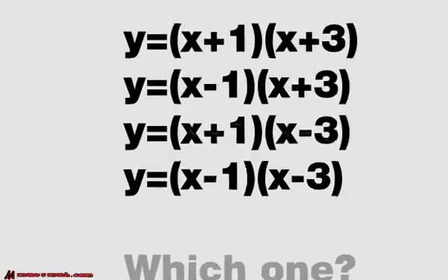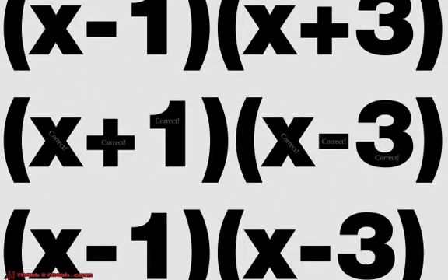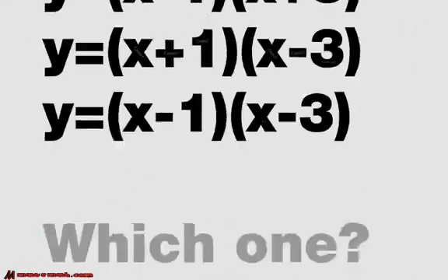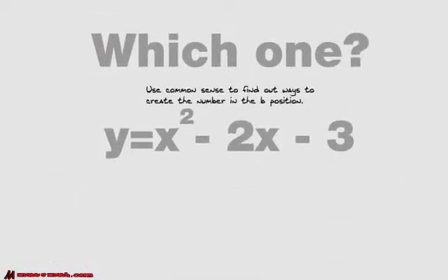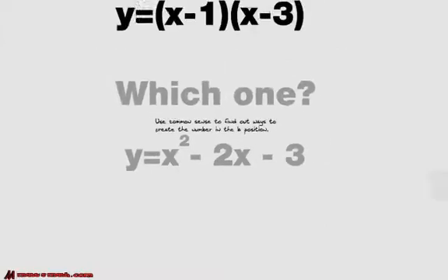And then it's this guy right here, x plus 1 times x minus 3. When you do the distributive property there, you get that same exact equation, same exact as this one. You have to really use common sense to find the ways to create the number in the b position. So you have to take those factors and figure out how to bring them together to create this negative 2. That's the trick there. That's the key, okay?